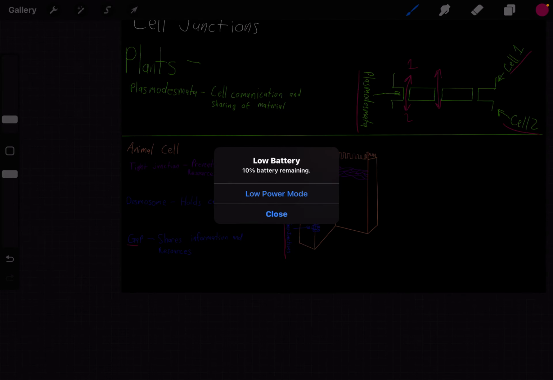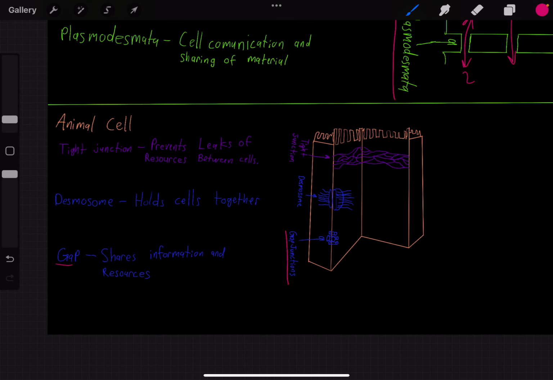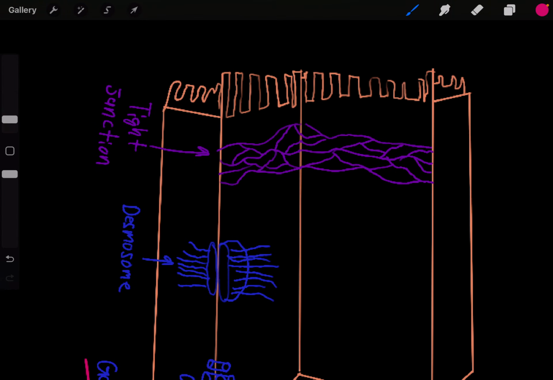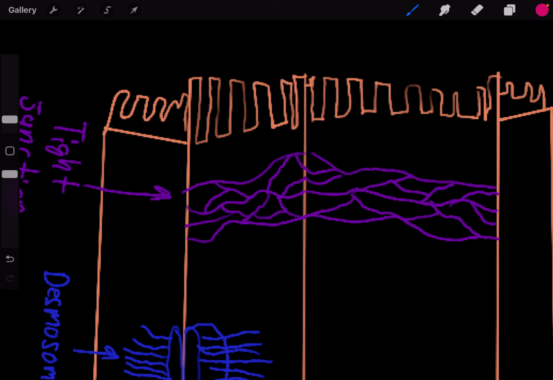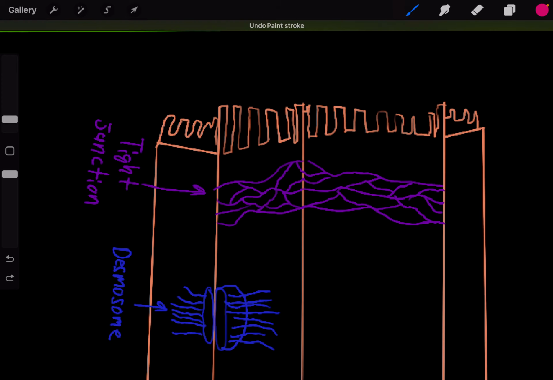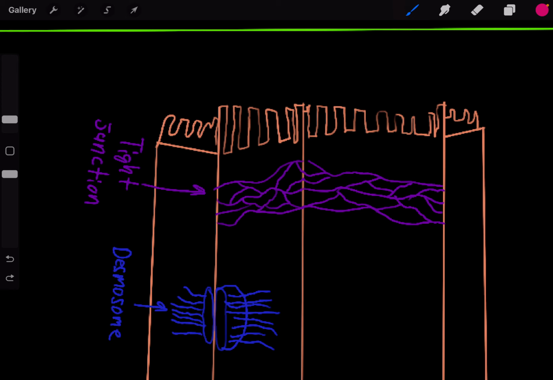As for animal cells, we have three types of junctions. We have a tight junction. This prevents leaks of resources between cells. So, for example, this is again the intestine cell, where if stuff were to go down the cell right here, if the tight junction wasn't stopping it, usually it'll go here and it'll stop because it cannot go any further.